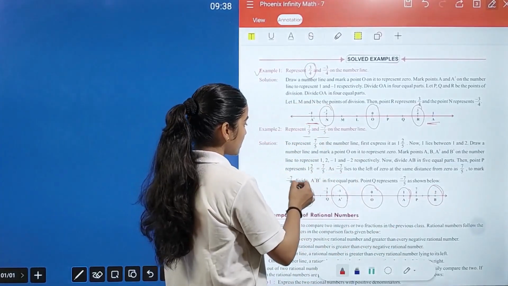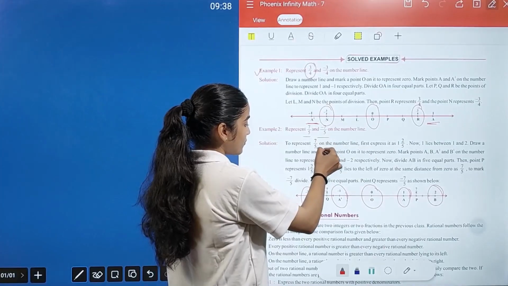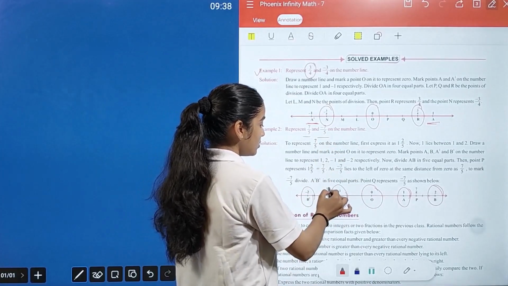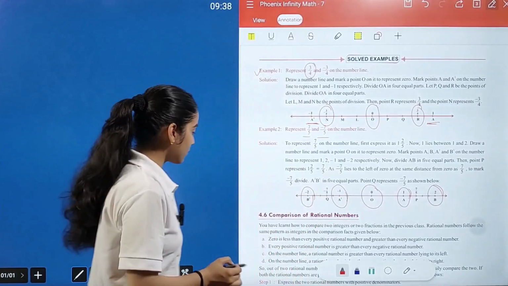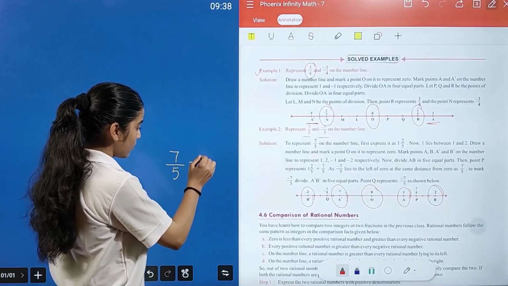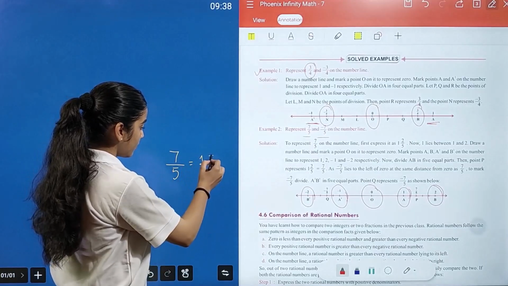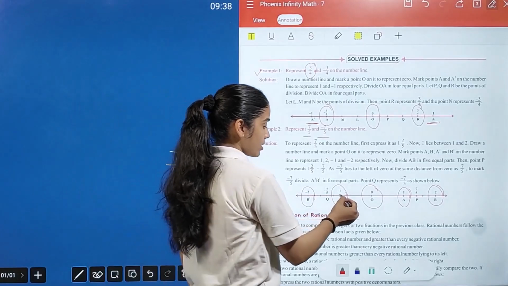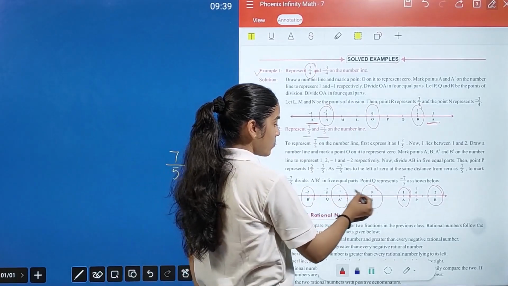And you have to represent 7 by 5. So between 0 and 1, there is no 7 by 5. How can you determine it? For example, 7 by 5 is 1.5. This is your representation. So we cannot represent this number between 0 and 1.